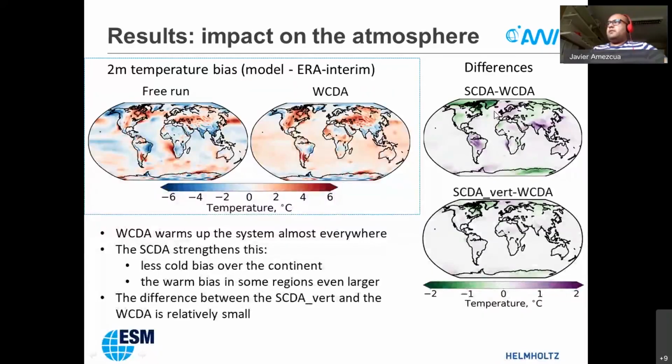Here this large bias exists in the SST, but if we look at this difference, we didn't see a large difference, especially in this region. So the difference between strongly and weakly coupled assimilation doesn't give such a bias pattern in the latitude.